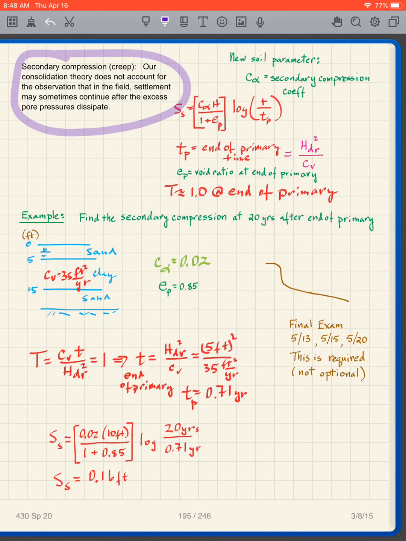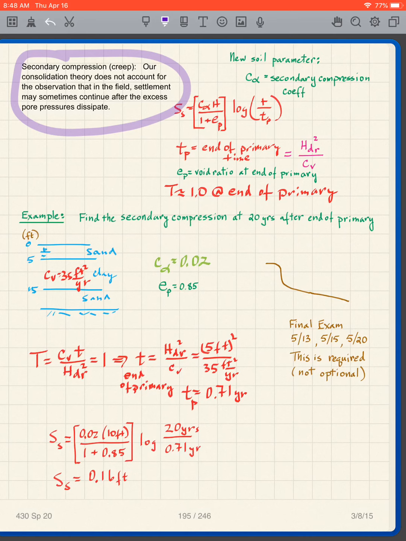What has been observed is that sometimes, under some situations, the settlement lasts longer than we predict with our theory looking at the excess pore pressures.